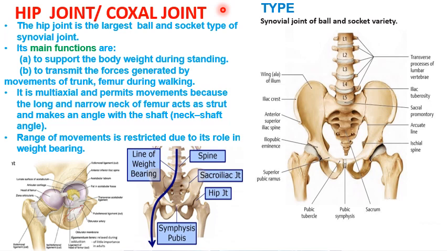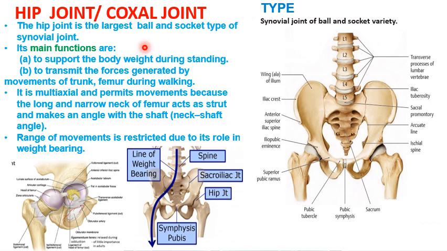The hip joint, as we said, is the largest ball and socket type of synovial joint, which is multi-axial as well. So when we come to the type of the hip joint, it is a multi-axial synovial joint of ball and socket variety.